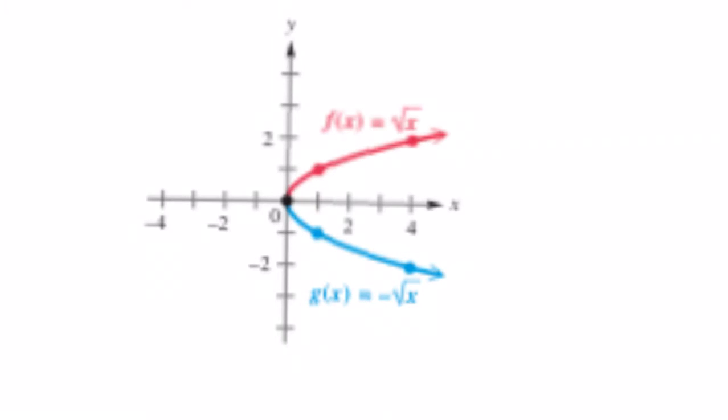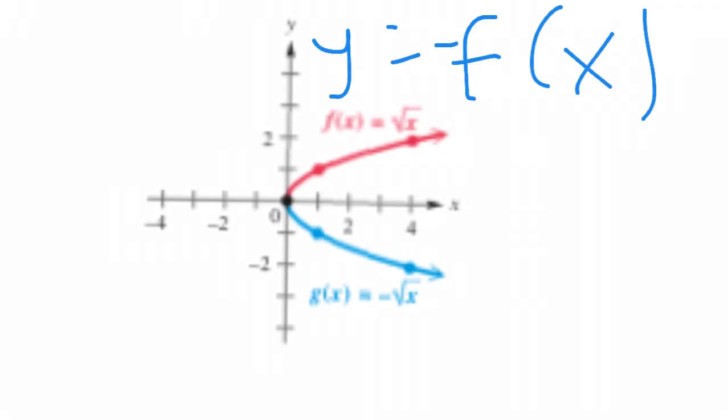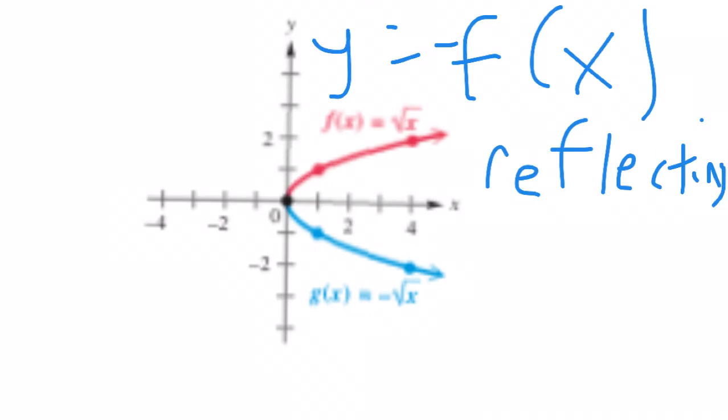You see how since the y values are negative, it looks like it's just flipped across the x-axis? That's because when you put the negative sign in front, like if you have negative f of x, that's the same as reflecting just f of x.